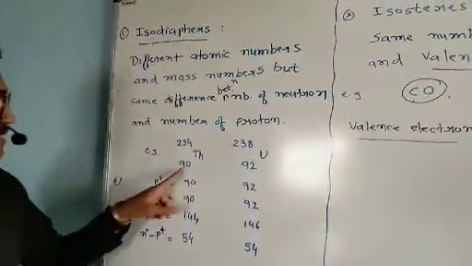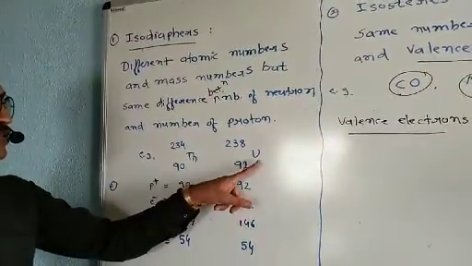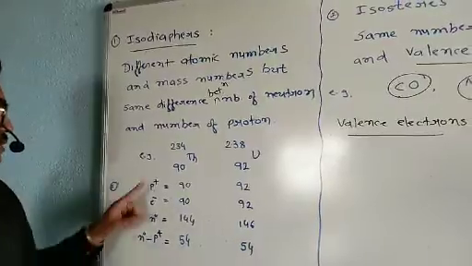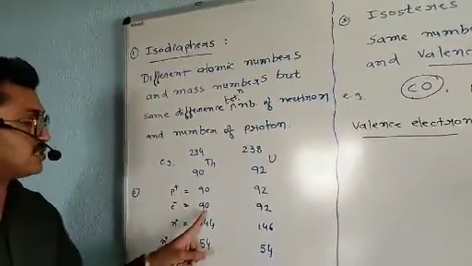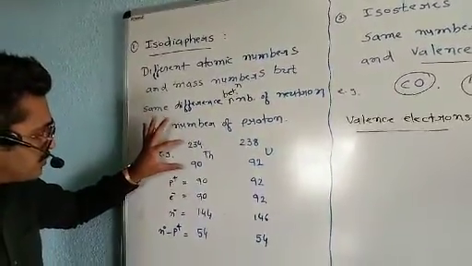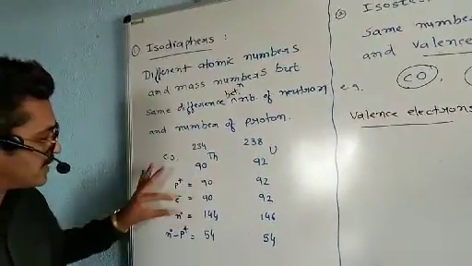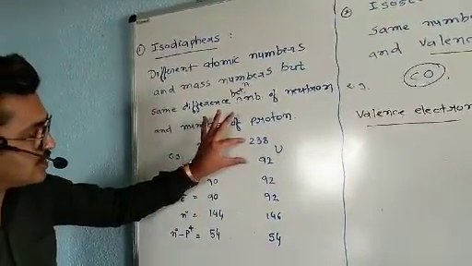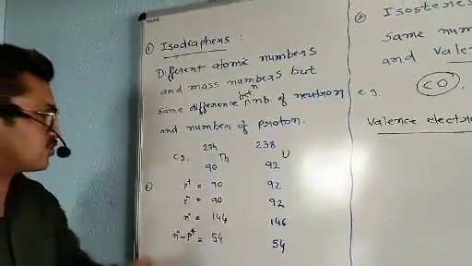Just see, 90 thorium 234 and 92 uranium 238: protons 90 and 92, electrons 90 and 92. Now the neutrons: 234 minus 90 is 144, and 238 minus 92 is 146, again neutrons.